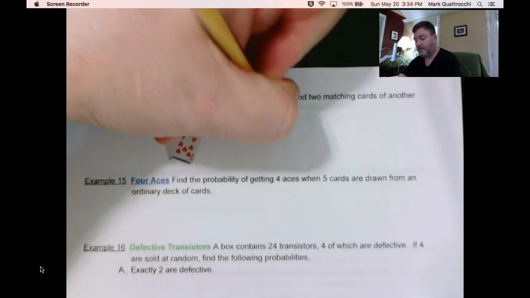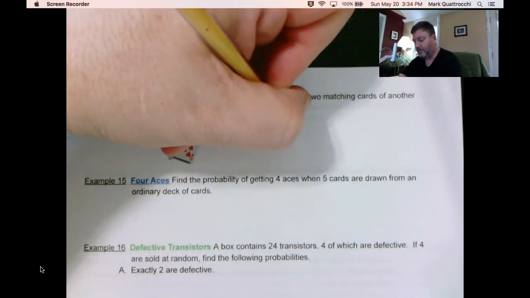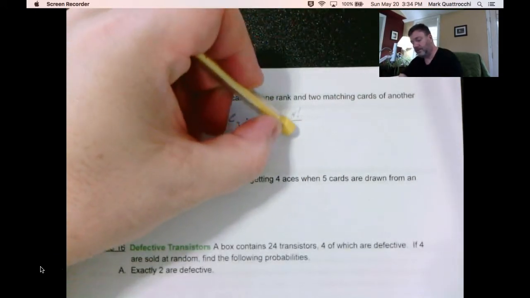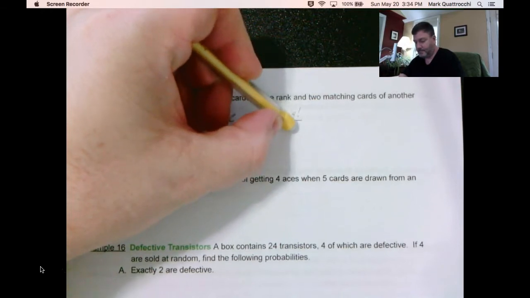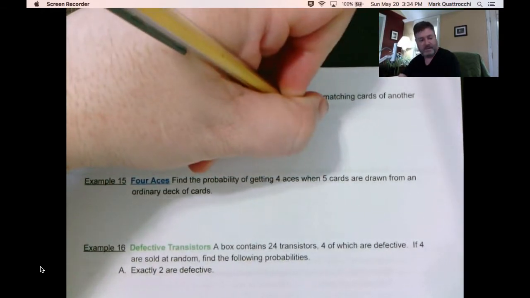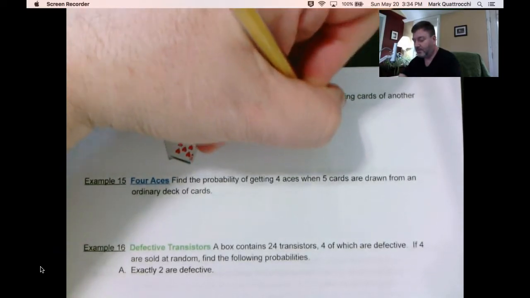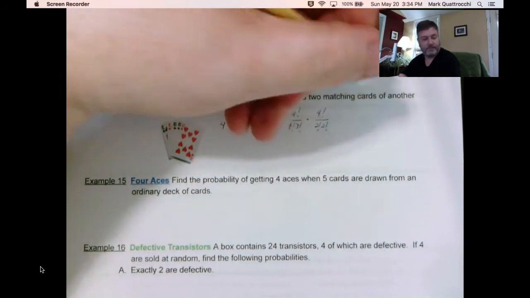Okay. So what is this? This is 4 factorial over 1 factorial, 3 factorial, times 4 factorial over 2 factorial, 2 factorial.